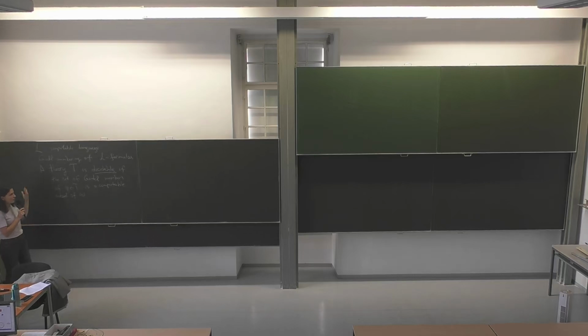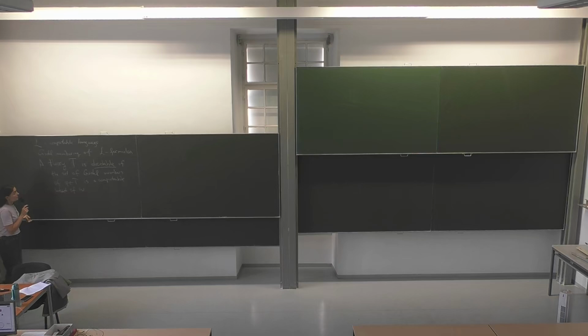In particular, when we talk about theories, decidable and computable are pretty much the same thing, and I will probably mix them. When we talk about structures, this is not at all the same, and we have to be careful whether we're talking about decidable structures or computable structures. For theories, it's like this.